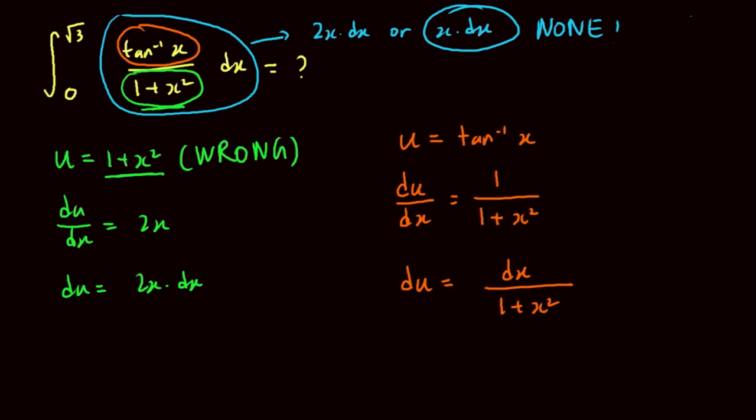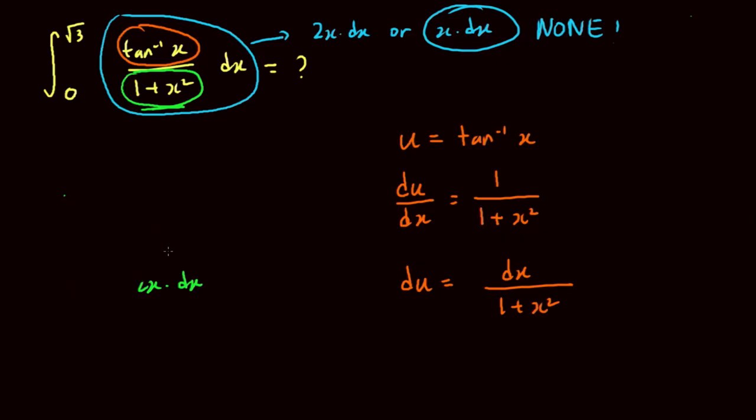Now here's the thing. I don't know if you have noticed, but if you rewrite the integral with the same limits, square root 3 and 0, we have tan inverse x times 1 over 1 plus x squared times dx.